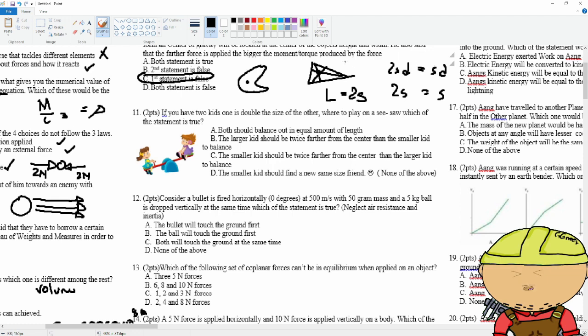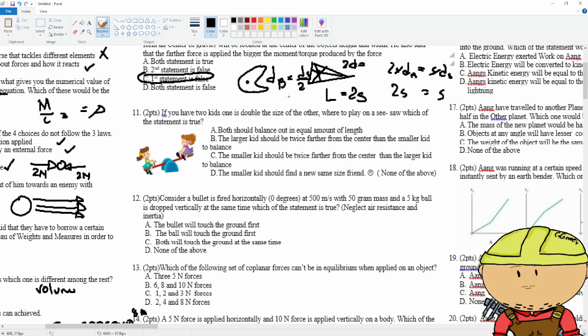So the distance of the bigger kid should be the distance of the smaller kid divided by 2.